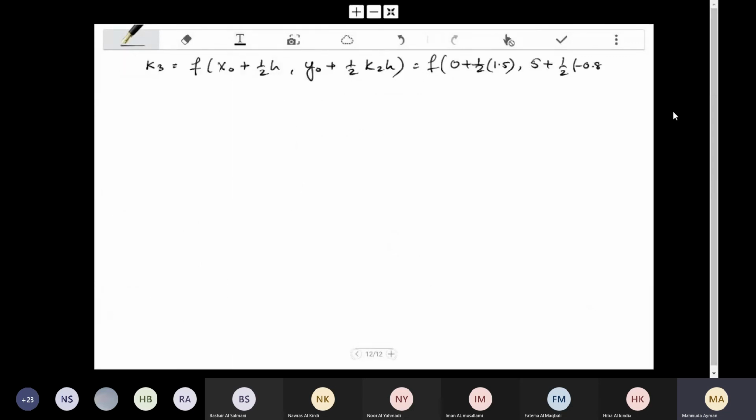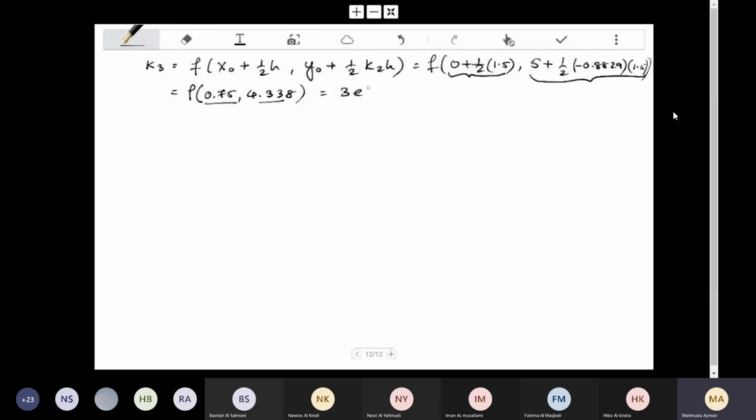So it's minus 0.8829 times h, which is 1.5, and that would be f of this one here is 0.75. And when you calculate this part here, you get 4.338.